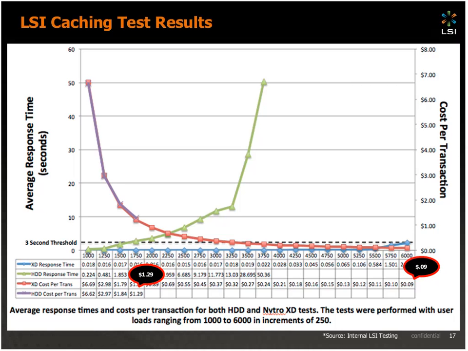So we implemented XD, no database changes, and we allowed the system to grow until the number of users exceeded 3 seconds. Well, we got up to 6,000 users. And at 6,000 users, the transaction cost is 9 cents. So a savings of $1.20 just by implementing XD.